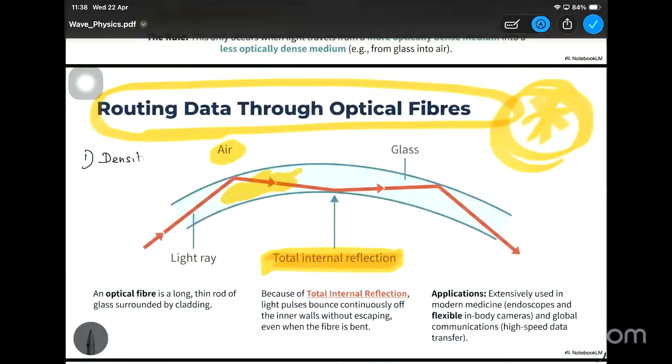If there's a density change, then this light ray might exit like this, right? This is a rare case actually. Normally, density change of the material of this fiber is a rare case. And the second most favorable one, right?